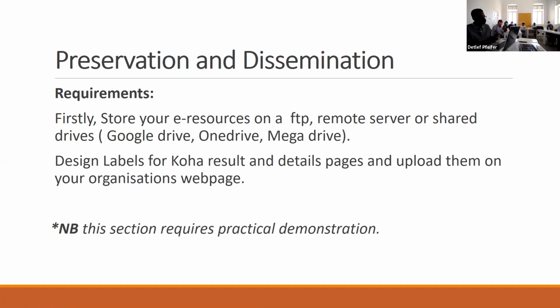In our case, I'm going to be using Google Drive, or in your case, you can use any drive like OneDrive, Omega Drive, where you can put your ebooks or your files, and then you're going to link Koha on the server to retrieve the files from your storage.